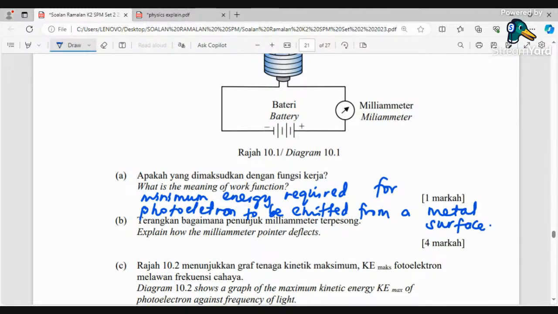Okay, bahagian B. Explain how the millimeter pointer deflect. Berapa markah? 4 markah.